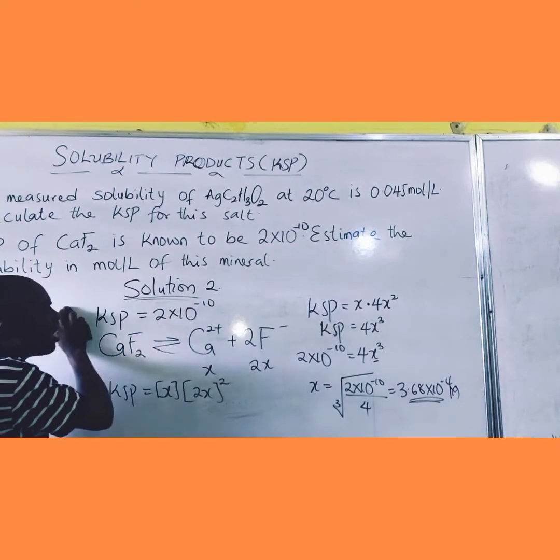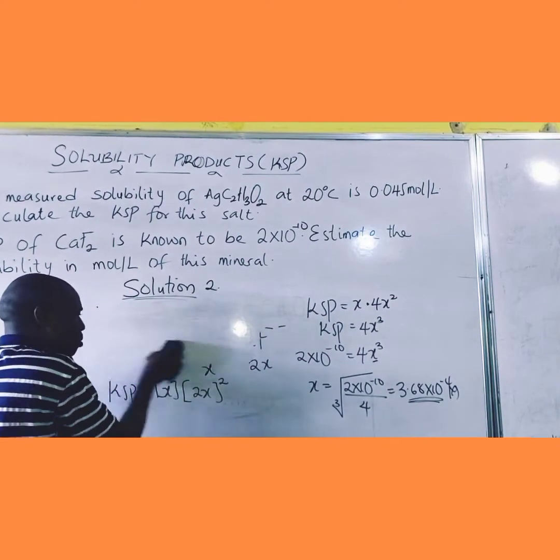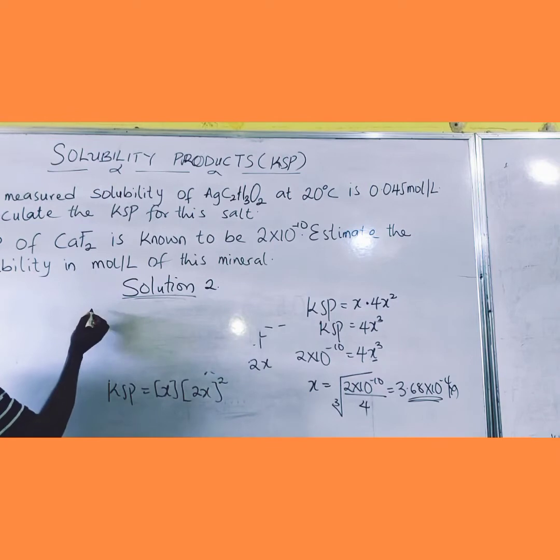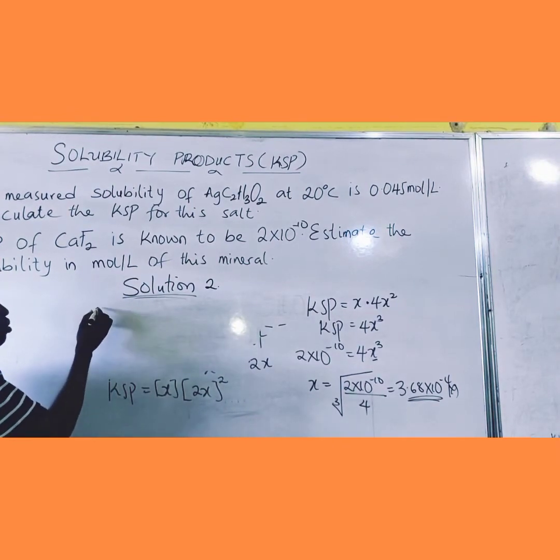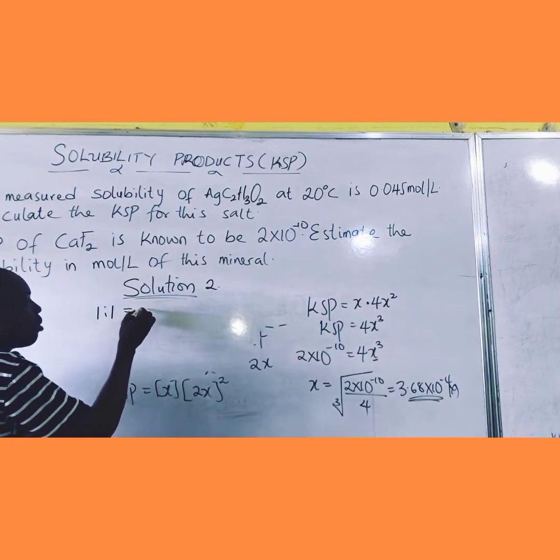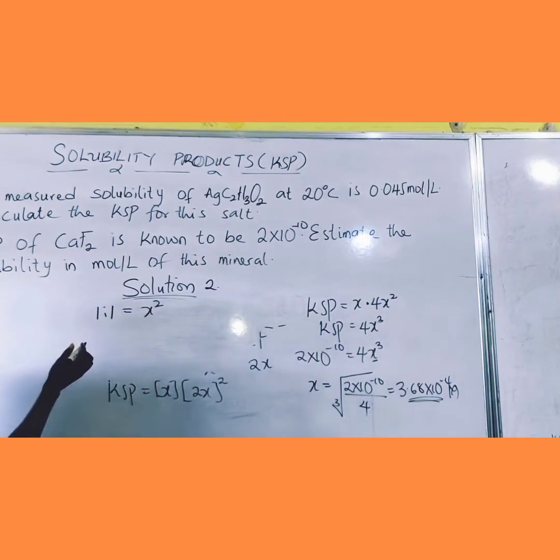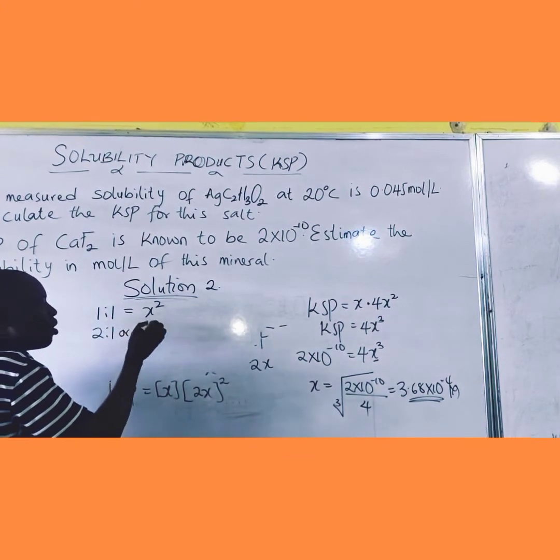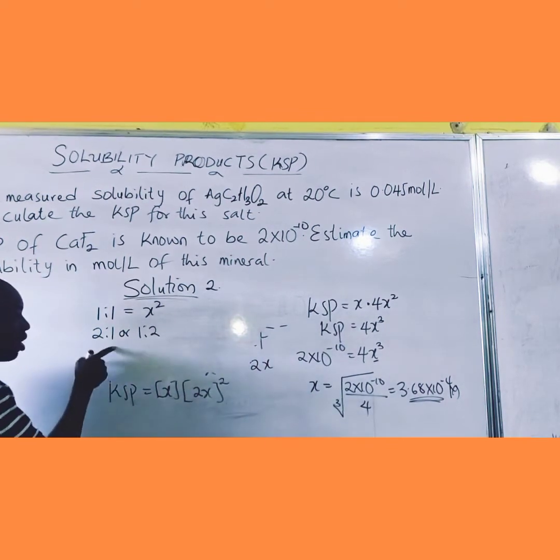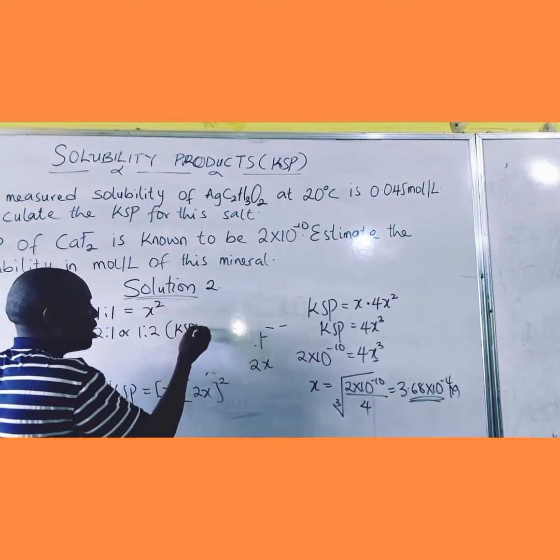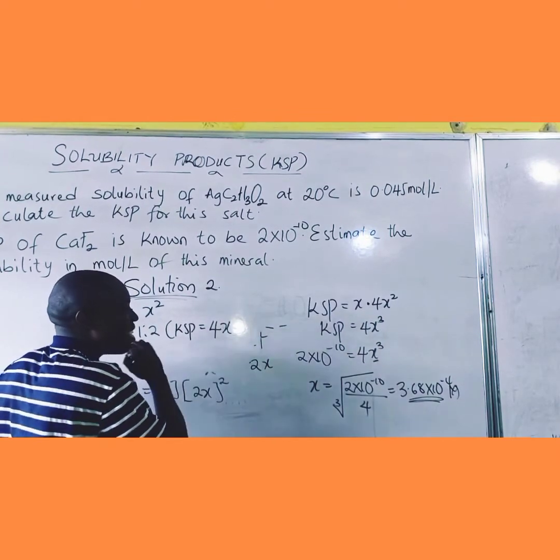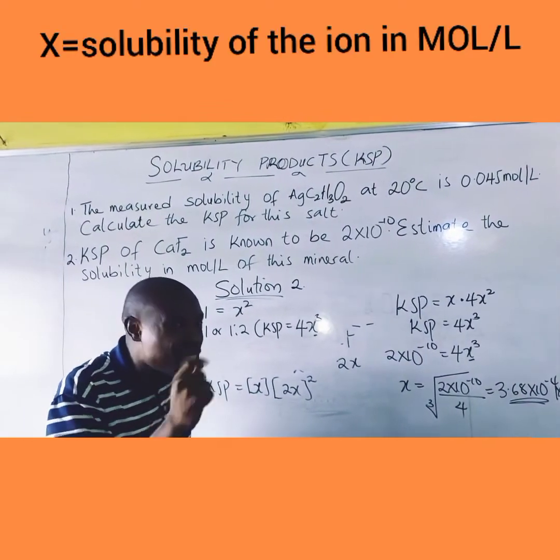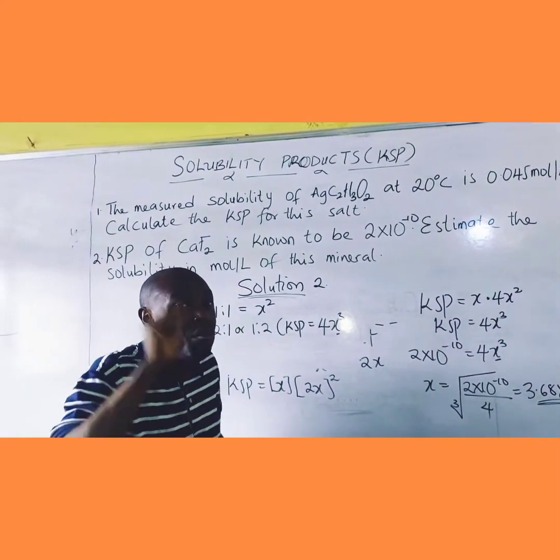Now we should understand some basic things. Whenever you have a salt whose ratio is 1:1, I've told you that the Ksp becomes S squared. If the ratio is 2:1 or 1:2, take note, the Ksp is equal to 4X raised to the power 3, where X stands for the solubility of the salt in mole per liter.